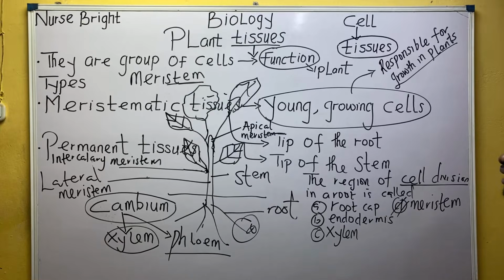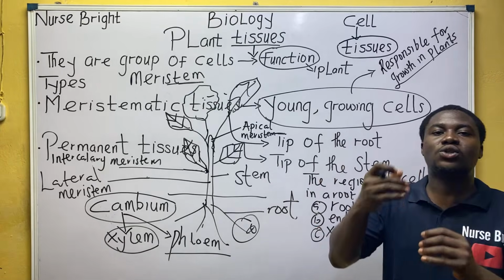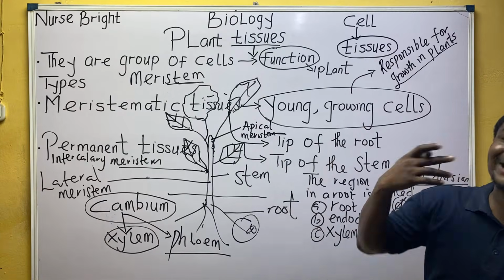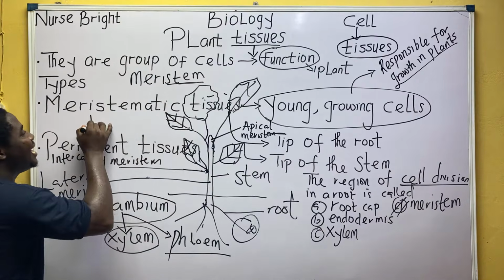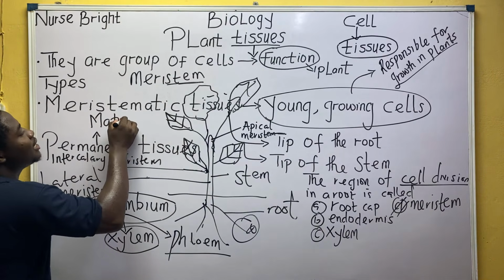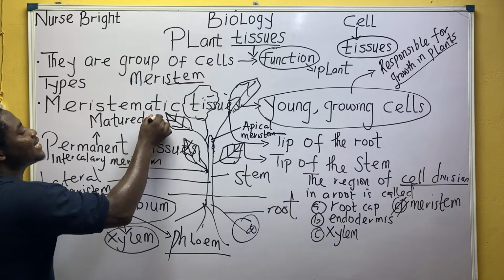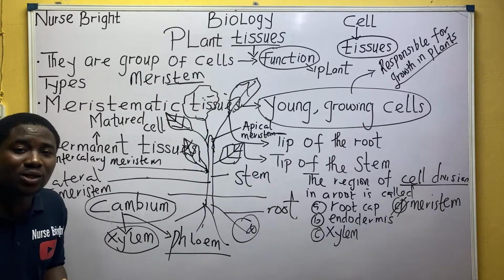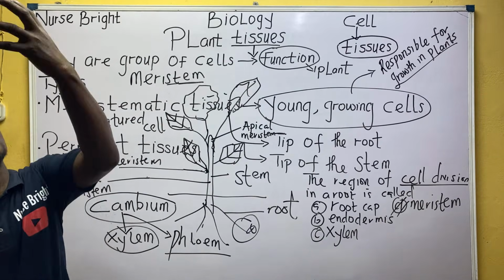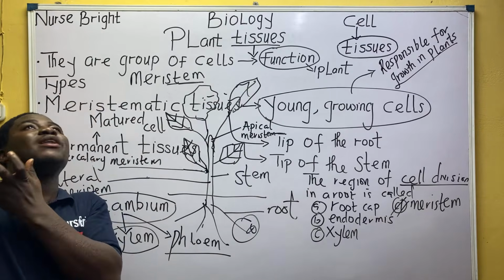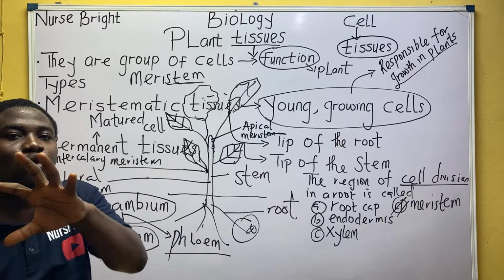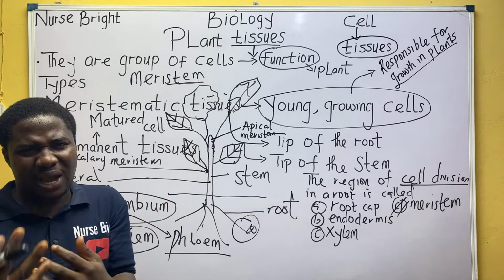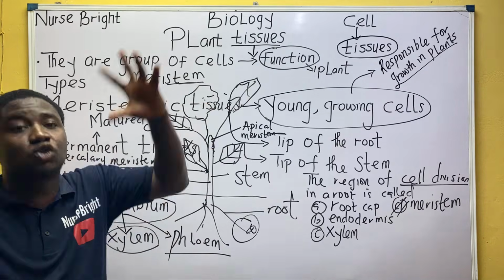Remember, we said that meristematic tissues have young growing cells. But permanent tissues in plants have matured cells. So when a cell is already matured, what does that tell us? When you are matured, like when you got into menopause, for instance, you no longer reproduce. You no longer be able to do what you used to do before.